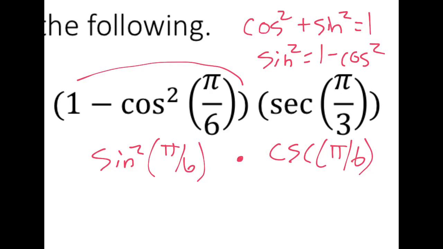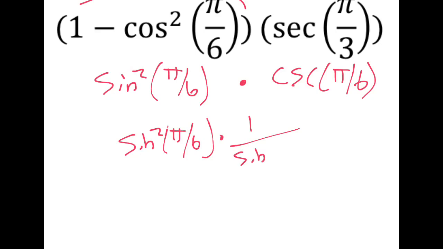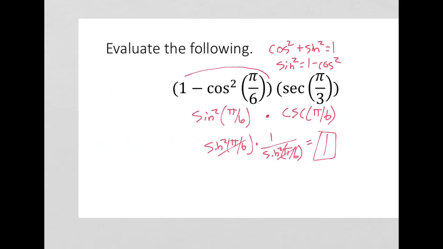But what is cosecant? Well, cosecant is the reciprocal of sine. So we have sine squared pi over 6 times 1 over sine squared of pi over 6. They cancel out, and we're just left with 1. So the answer to that problem is just 1.